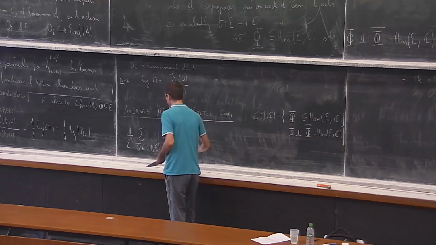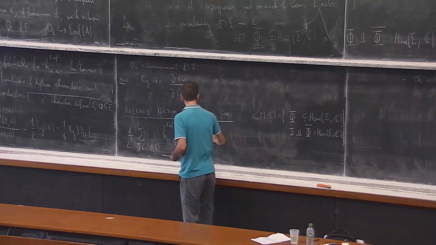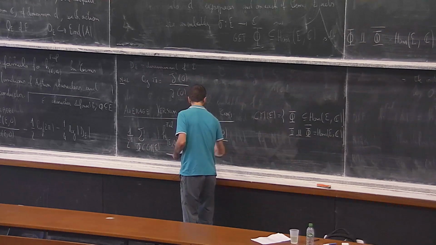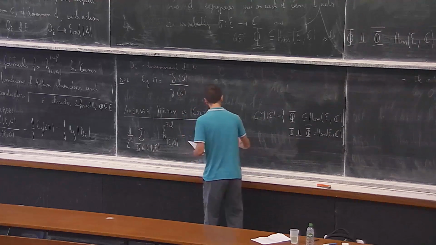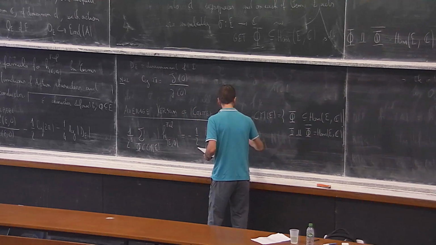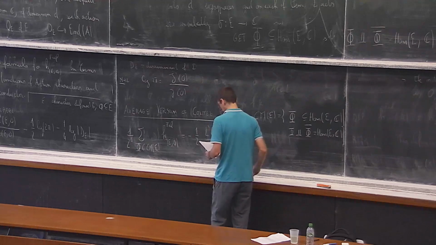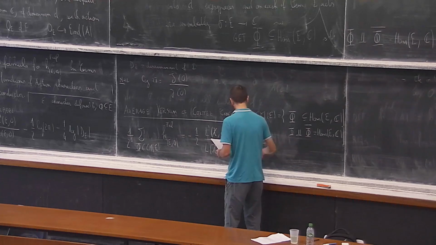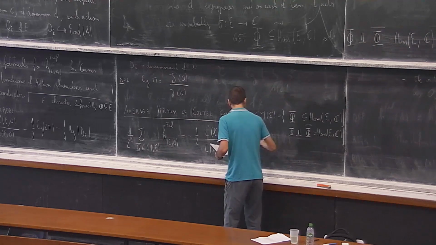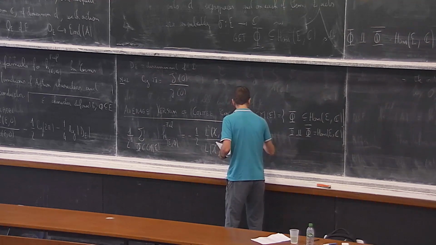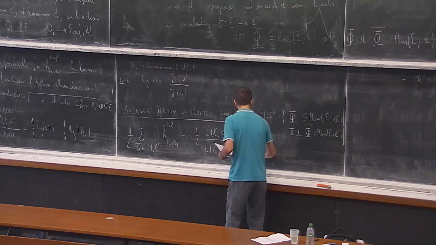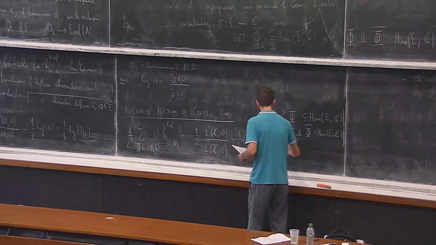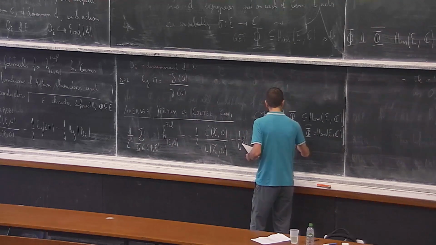So let me first of all write it in a similar way as I wrote it there. There is a log outside of dE divided by dF, and then minus the half of log of 2 pi.